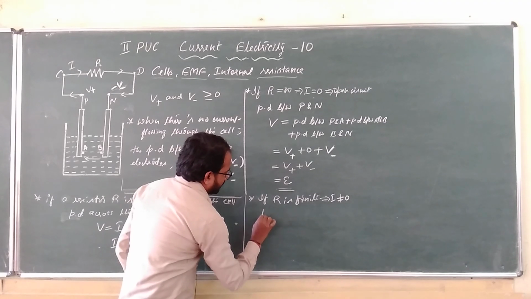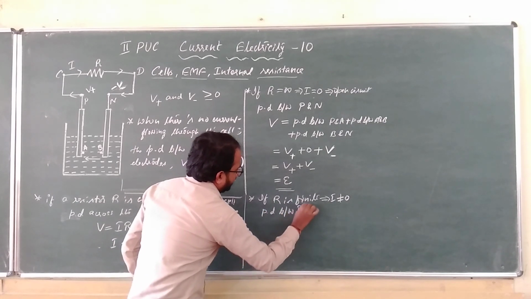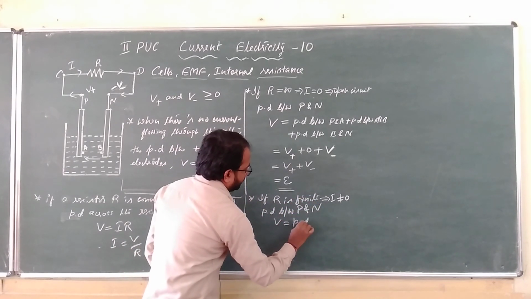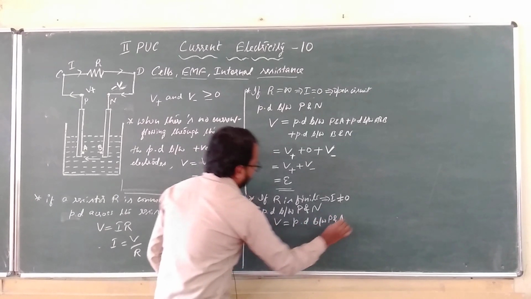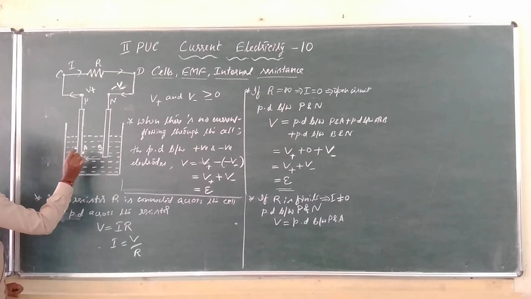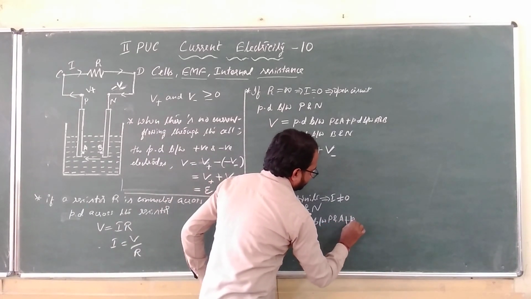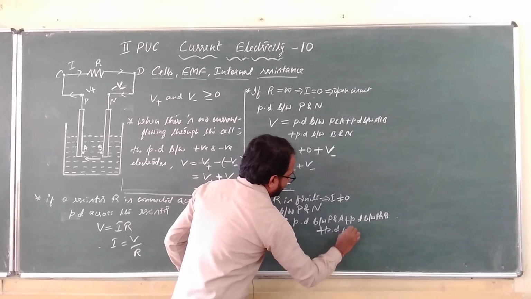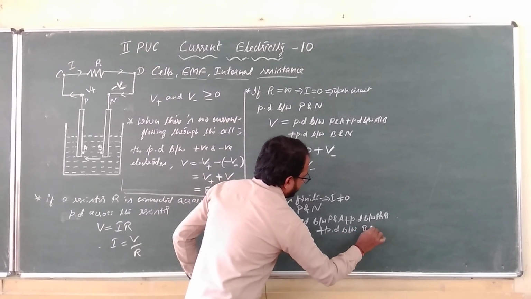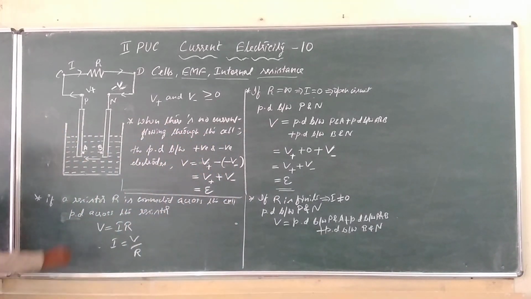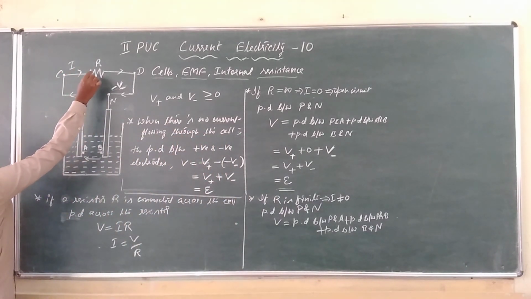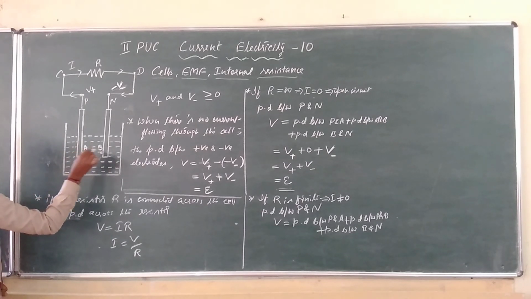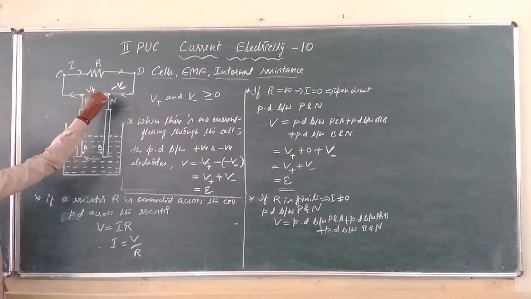Now the potential difference between P and N is V, which is equal to the potential difference between P and A, plus the potential difference between A and B, plus the potential difference between B and N. That is the potential difference across R.